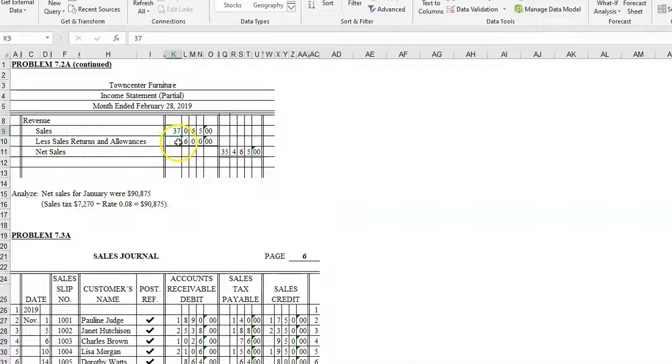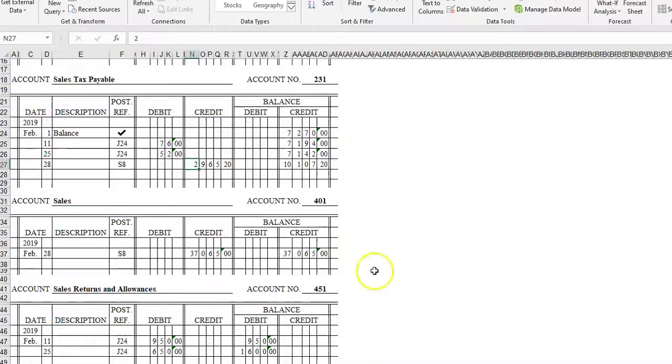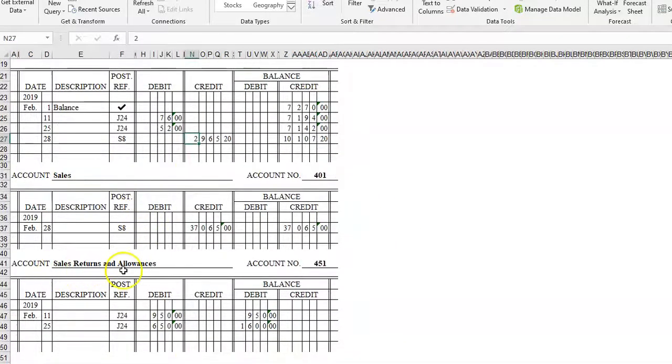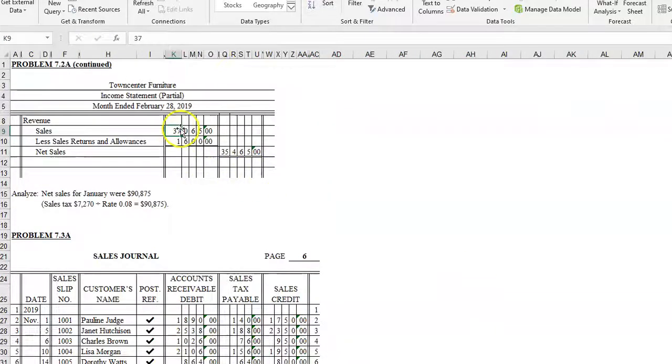Less sales return and allowances, 1,600. Where does the 1,600 come from? From here, sales return and allowances, $1,600 balance. So we take our sales, subtract everything that was returned, and that's our net sales. That's how simple it is. It's a quick, simple income statement. That's all that is.